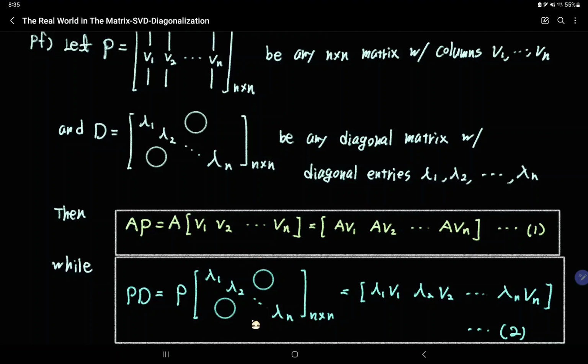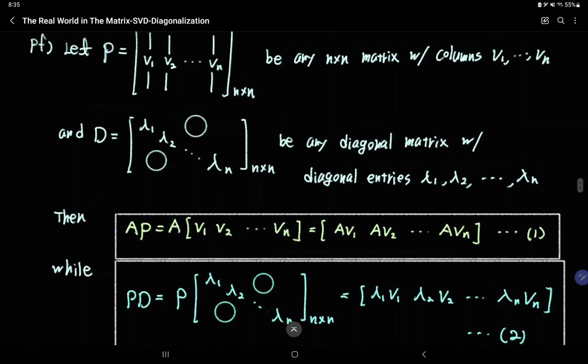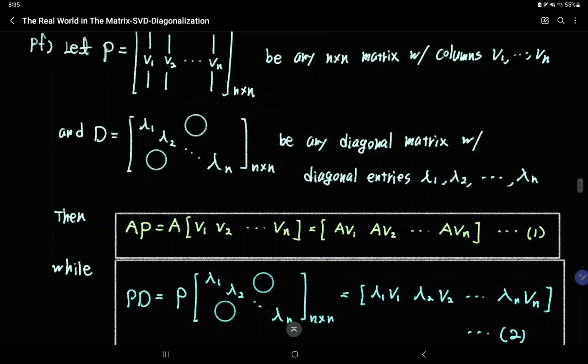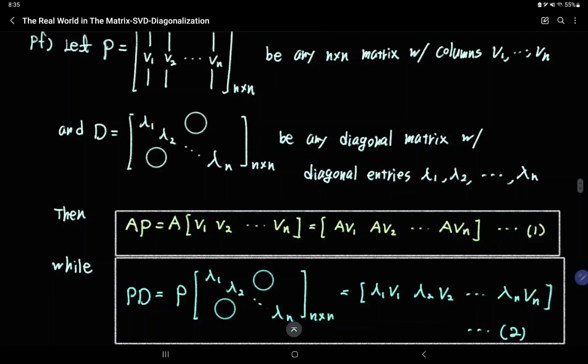Since D is a diagonal matrix, a matrix times a diagonal matrix is nothing but the diagonal entry times the column vector of the matrix P. So that's the background of the proof. Before we start the proof, we just need to figure out the matrix form of AP and PD.